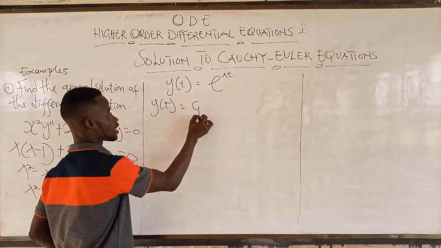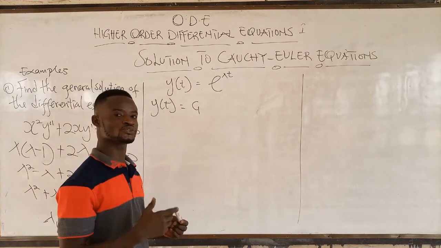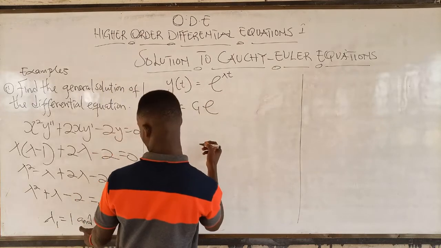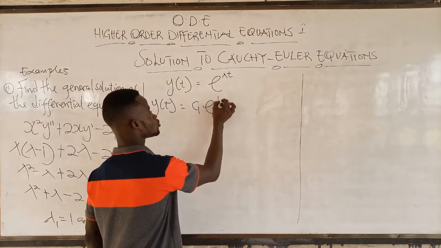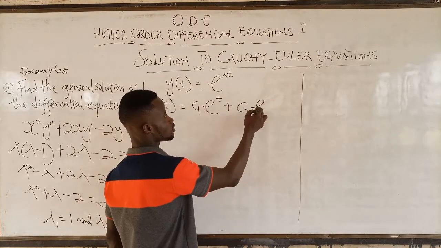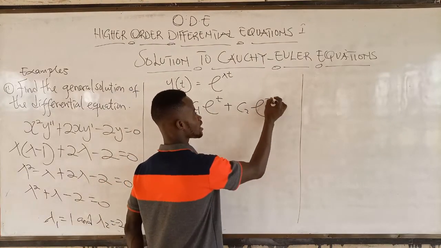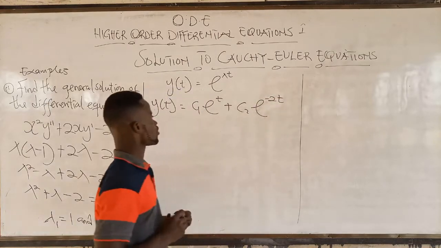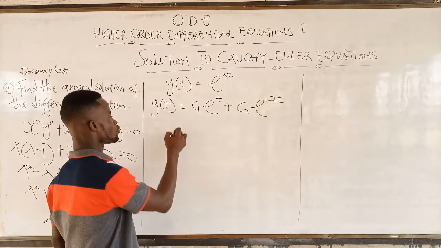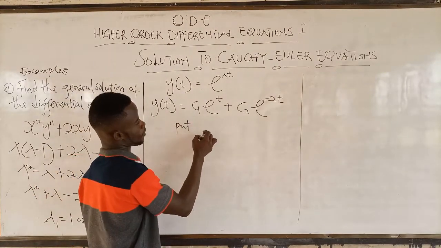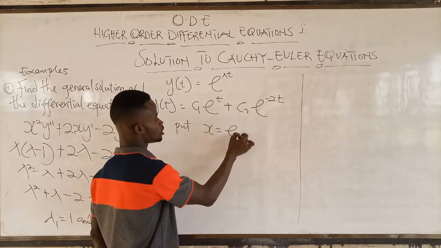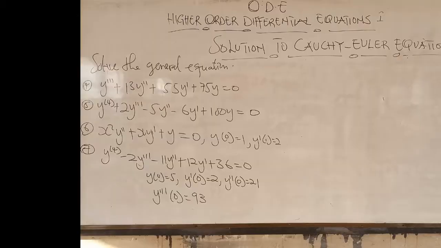So C1, the same way as we did in our previous video, e raised to the power, now the first lambda is 1, so this is just t, plus second constant, e raised to the power lambda is negative 2t. Very good. Alright. But we need to get it in terms of what? x. So we put x to be equal to e raised to the power t.